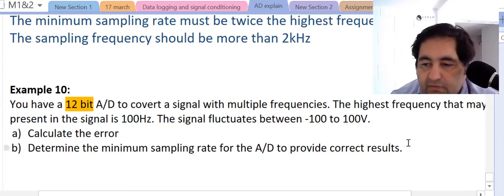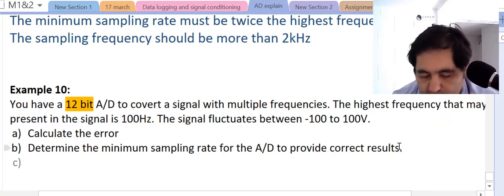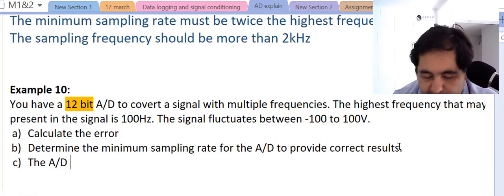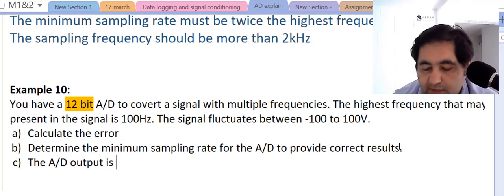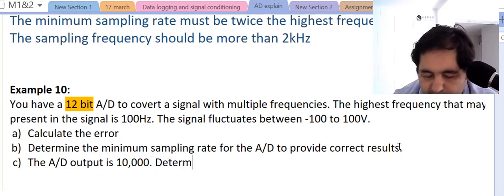Now, adding one other thing here: the A to D output is 10,000. Determine the input.